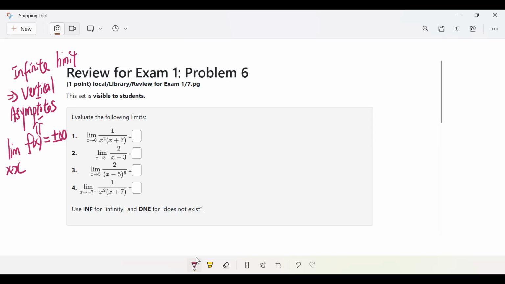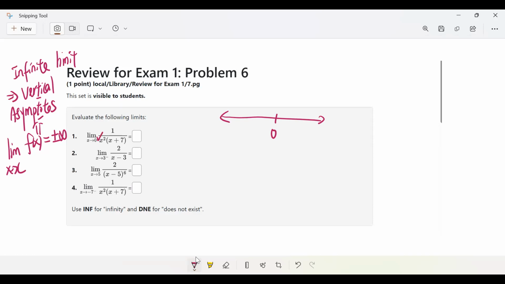First part, x approaches 0 for this rational function. Again, it didn't specify the direction, which means most likely it doesn't matter. That's why they didn't specify the direction. Either from the left or right, if you look at the denominator, we have x squared here.